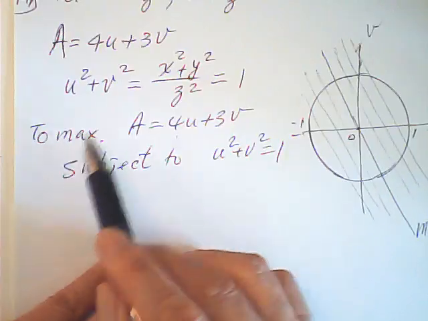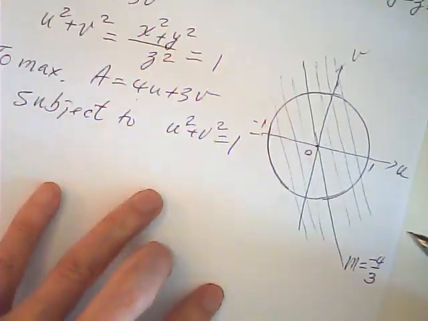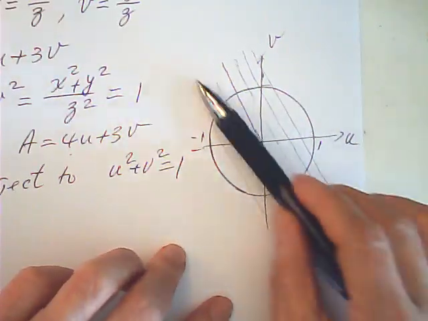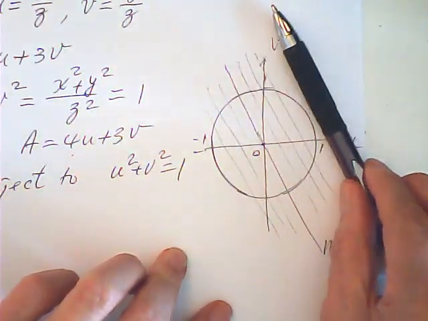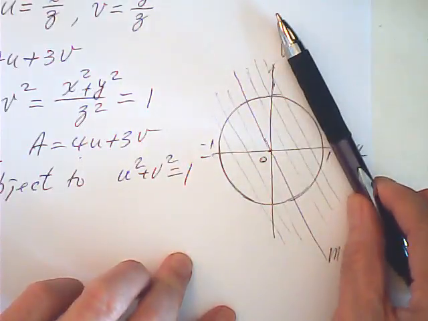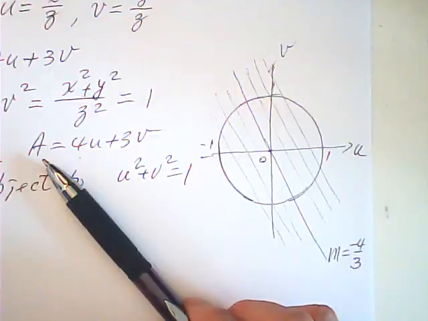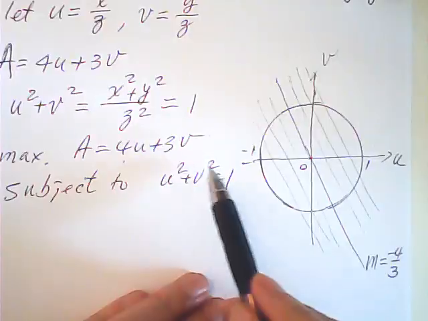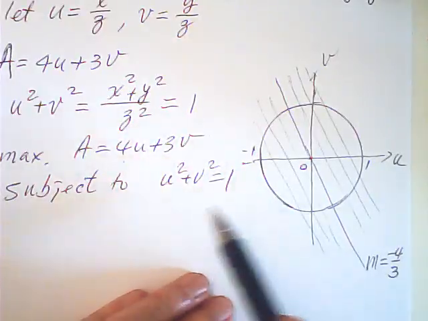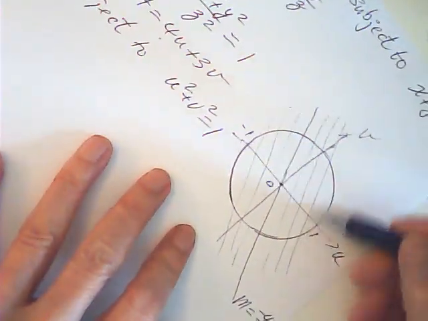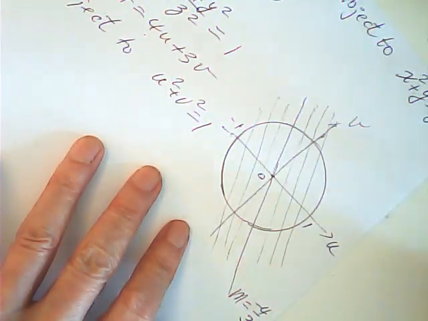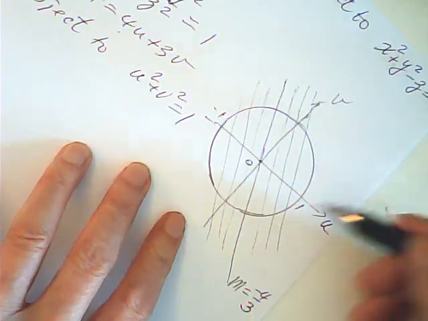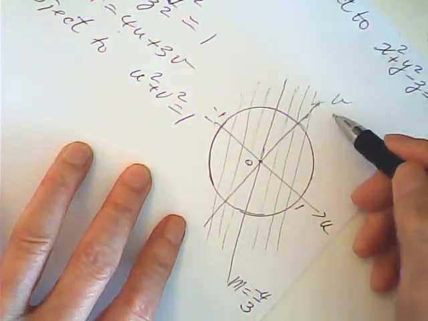Now, since we are looking for maximum A, we want to find a straight line as high as possible. The higher the straight line is, the larger the value of A is. But we must satisfy the constraint. In other words, the straight line must touch the circle. So the highest value of A before leaving the circle must be a tangent line.